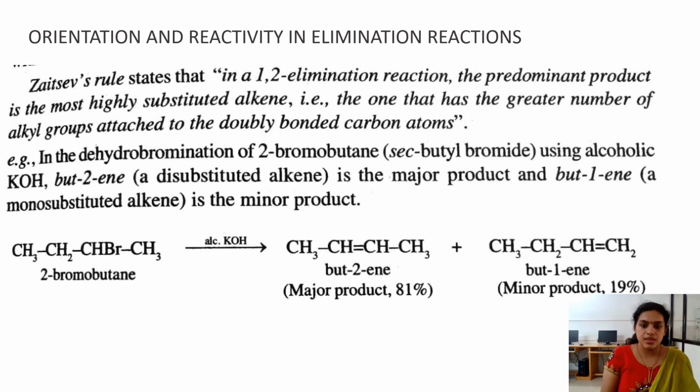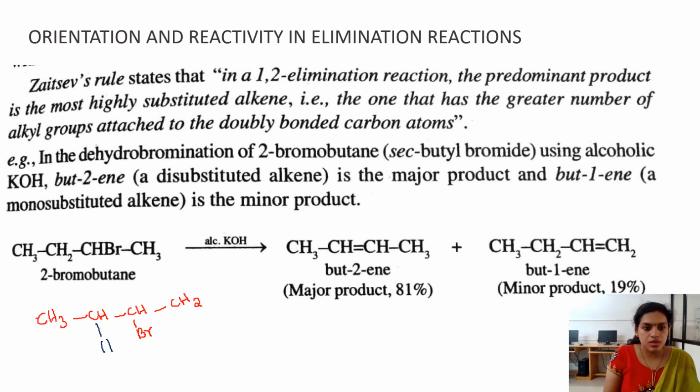Here the problem is, I'll depict it. 2-bromobutane is CH3, CH2, CH, Br and CH3. I'll be writing this one with two different colors.